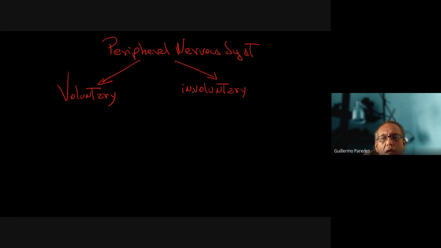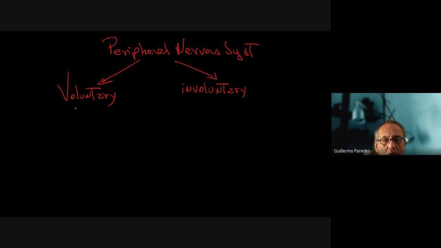The voluntary nervous system, just think about the name, is actually everything that you want to do. Any movement or any activity that you do, just thinking and you want to do it, especially the muscles, is going to be voluntary, whatever you want.